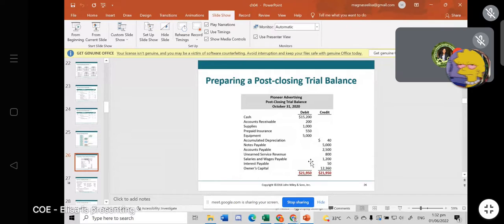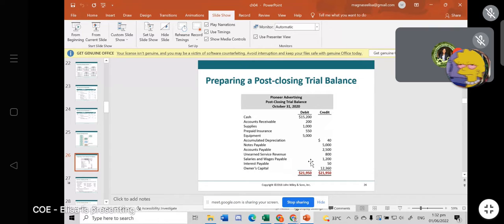If you will notice here, you have cash, accounts receivable, supplies, prepaid insurance, and you no longer see revenue, expenses and drawing. What we see is only the owner's capital account, and then all the liabilities and all the asset accounts. So that completes the cycle.